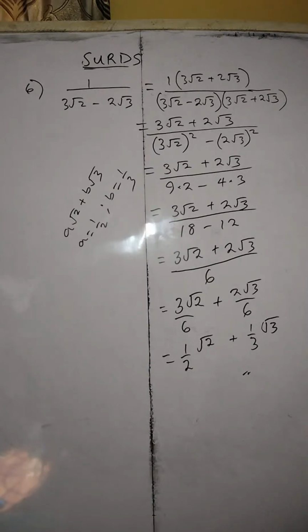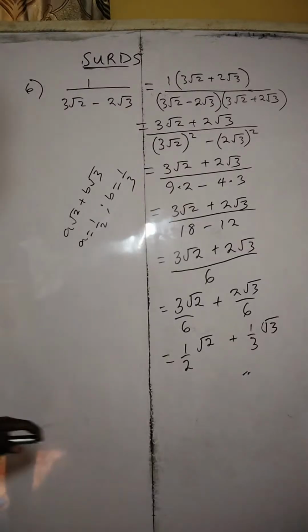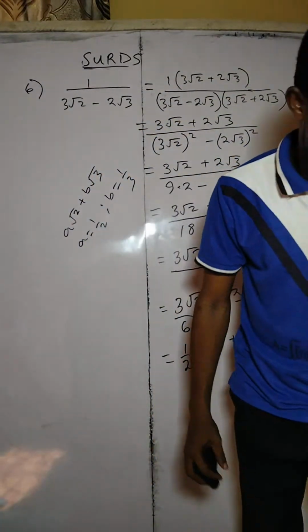Now we continue from here. Let's look at another one. That's number 7 from here.